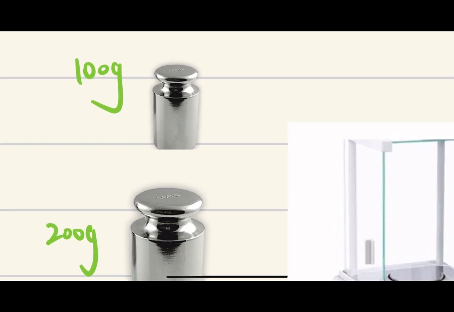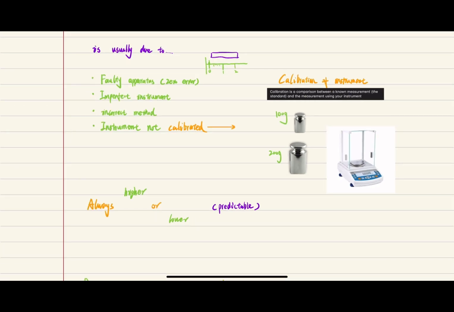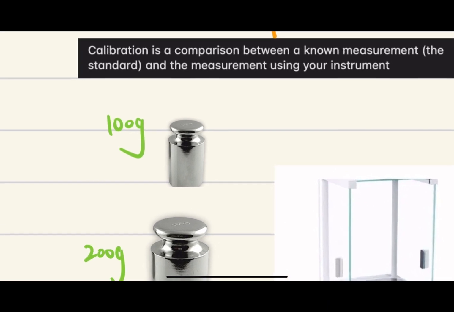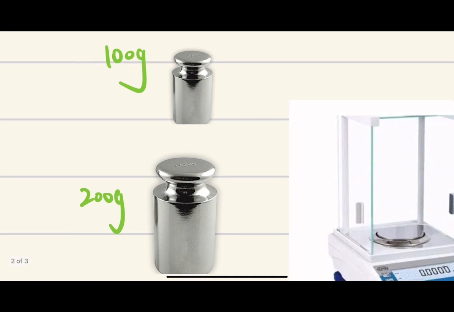When I say a weight is 100 gram, it's exactly 100 gram. It's not higher, it's not lower. It's exactly that value, so this is really, really accurate. It can't be wrong.